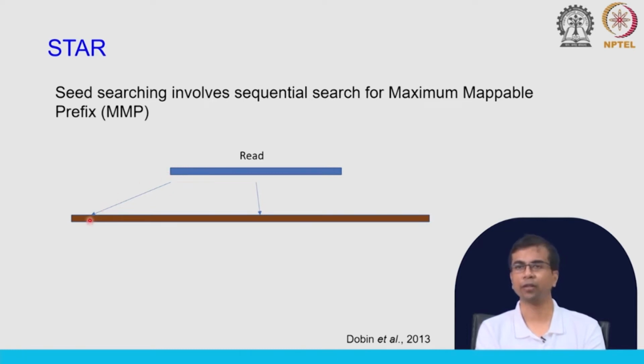Once it finds a seed in the reference genome, it will start extending, stitching and scoring. We talked about this before. What it means is it is trying to extend the alignment across the genome, and up to this point, let us say it finds a match, and after that the quality of alignment falls.